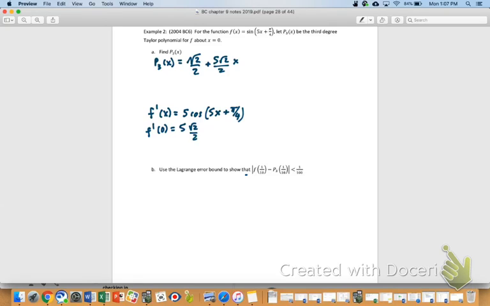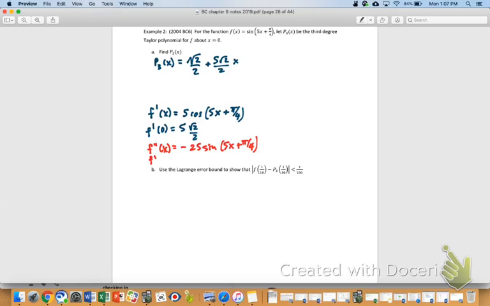Okay, so now I've got to find my second degree term. I've got up to a first degree. So my second degree is going to be based on the second derivative. Second derivative would be negative 25 sine of 5x plus pi over 4. Again, that chain rule factor multiplying by the 5 on the outside is going to continually mess around with the positives and negatives.